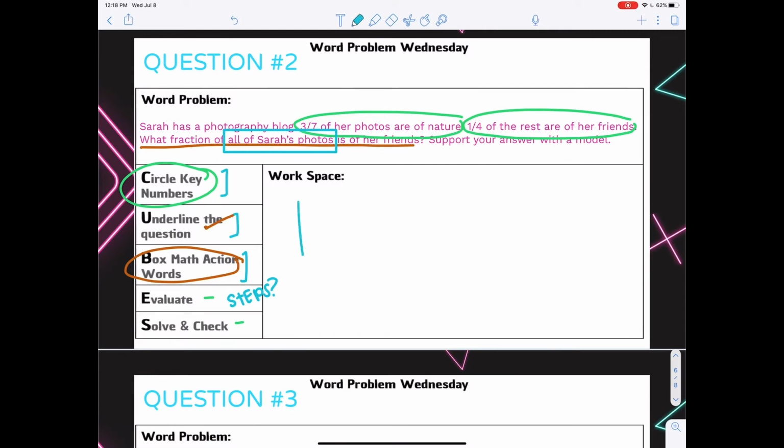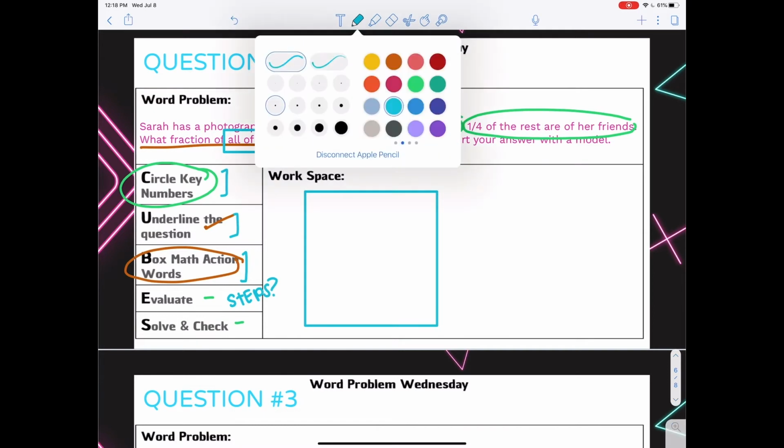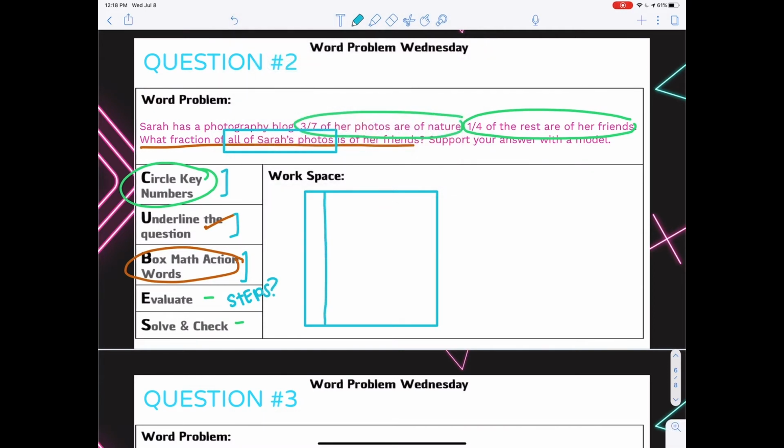Alright, we're going to make a square. I just like squares. I think they're easier to work with, and that's not a square. Alright, there we go. So here's her blog. We're going to cut this up into 7ths as best as we can. Let me make sure I have it. So 1, 2, 3, 4, 5, 6, 7.